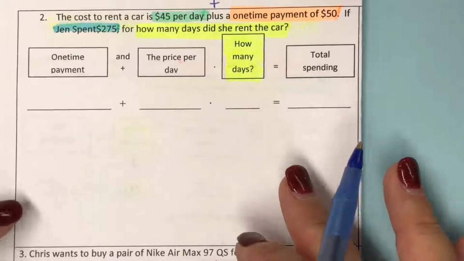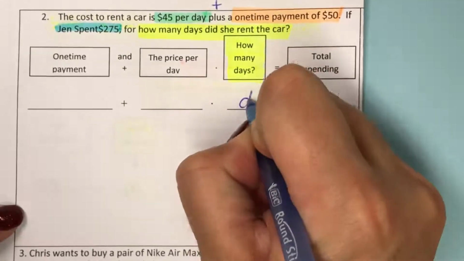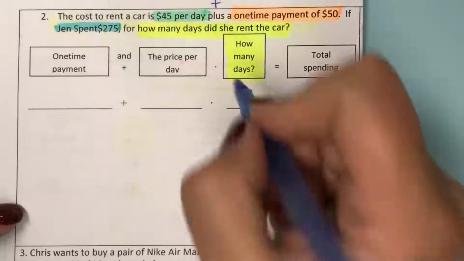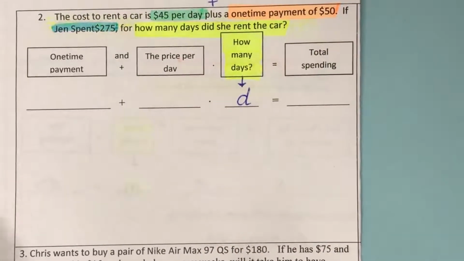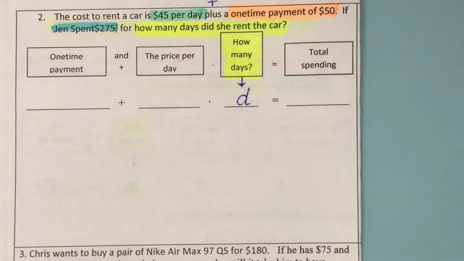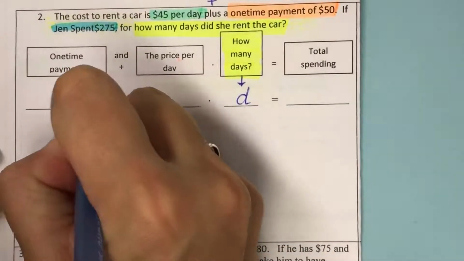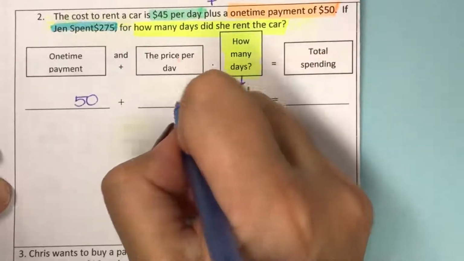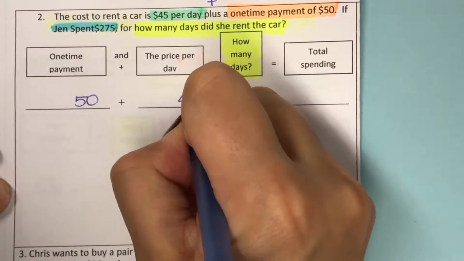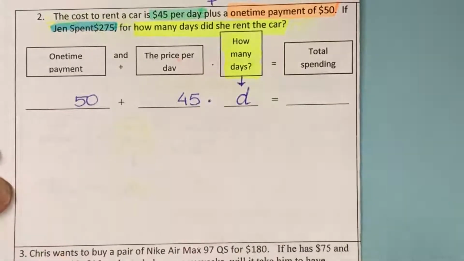So we can use a variable, and you can use D for the number of days, or you can use X, Y, any variable or letter that you prefer. So the one-time payment is what you pay one time. That is your deposit, $50. And the price per day is $45. And we'll multiply that times the number of days.